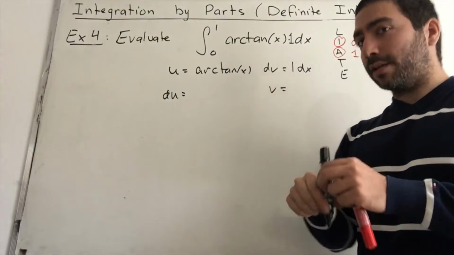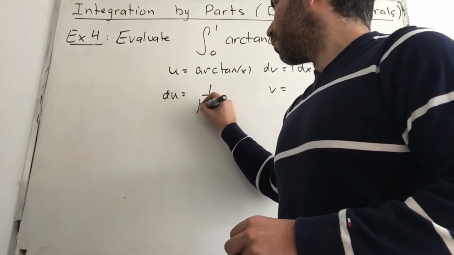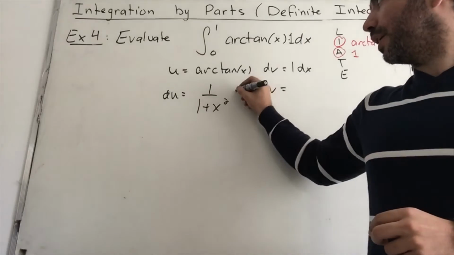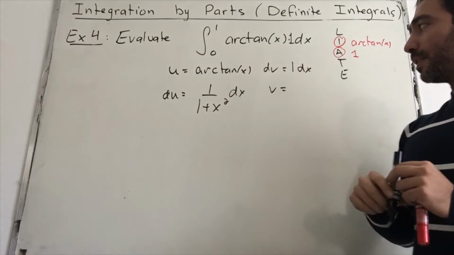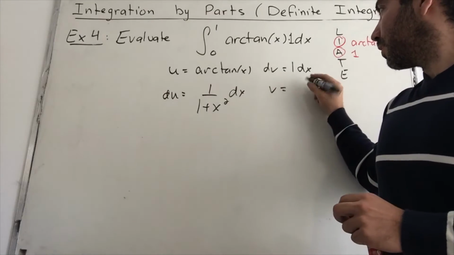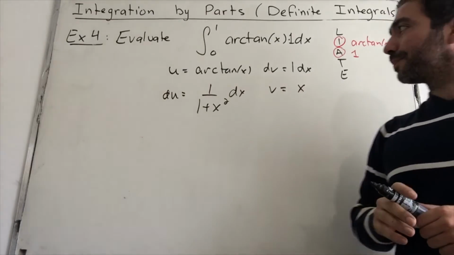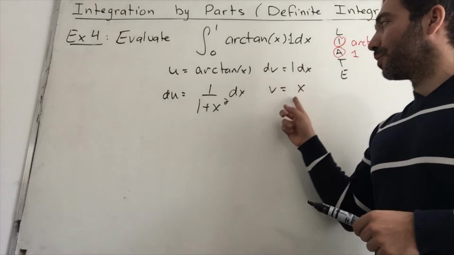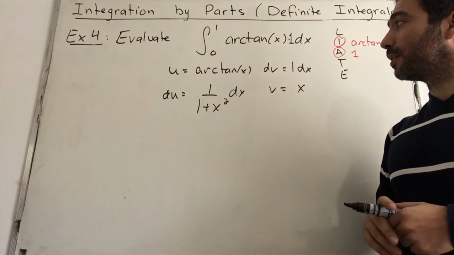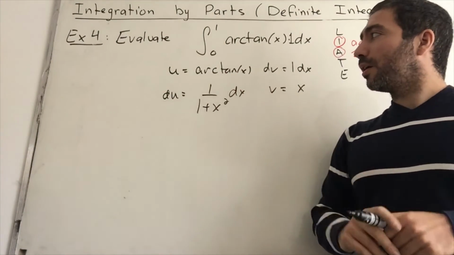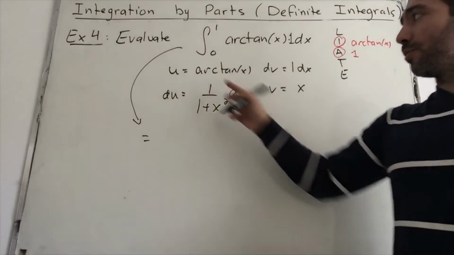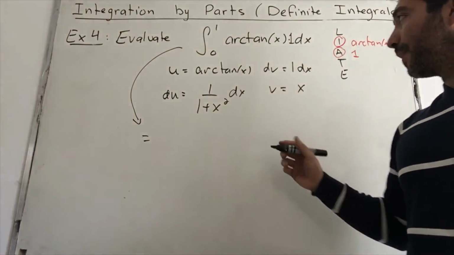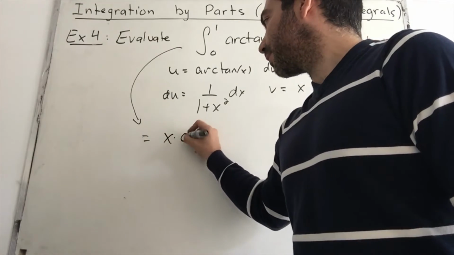The derivative of arctan, we have to keep this in mind, is 1 over 1 plus x squared dx. Okay, and the integral of 1 dx is simply just x. Okay, so we're integrating with respect to x, so we're left with just x. And now we could apply, this is side work, we could apply our integration by parts. So we're going to multiply u times v, in this case x times arctan of x.